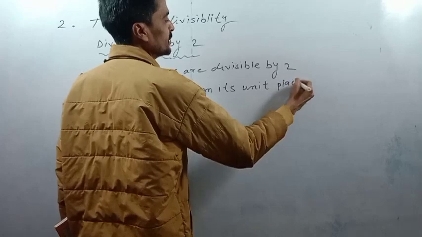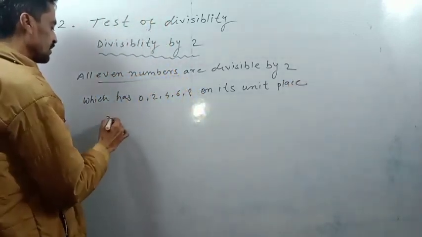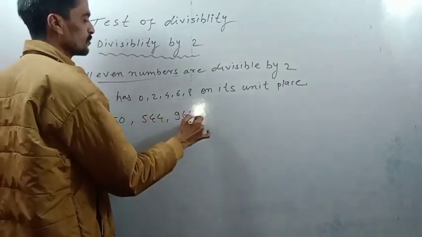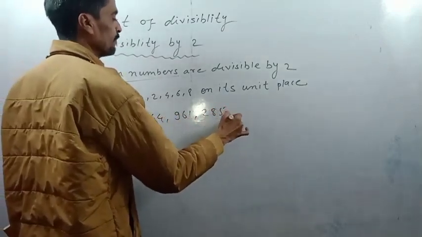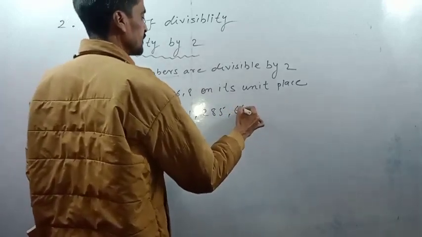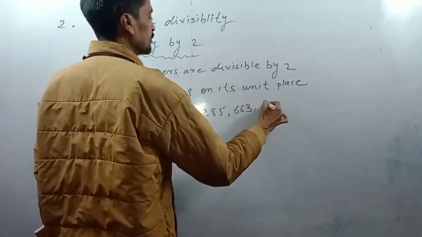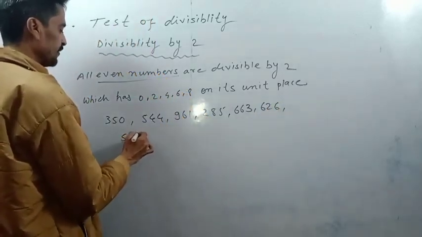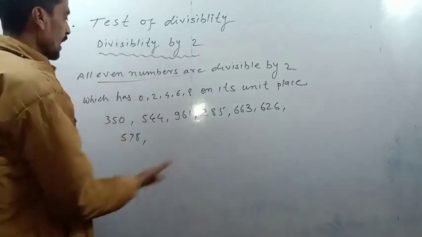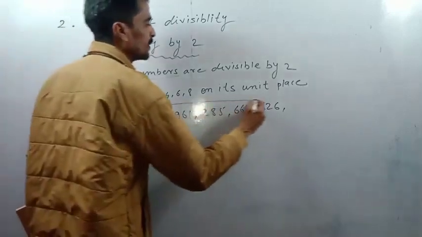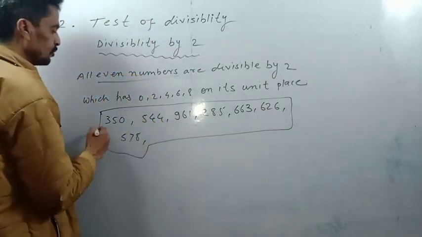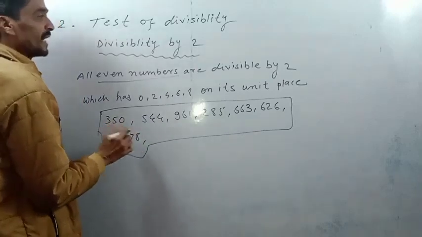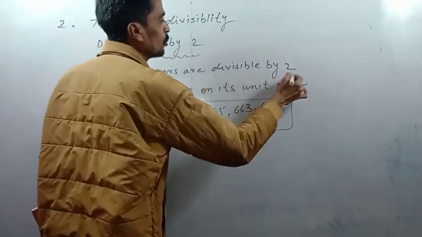So let's see: 350, 545, 496, 128, 566, 362, 657, 8, etc. Here we have taken trial numbers to find out which of these numbers satisfy the divisibility of 2.